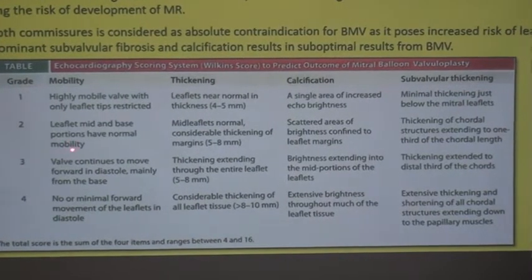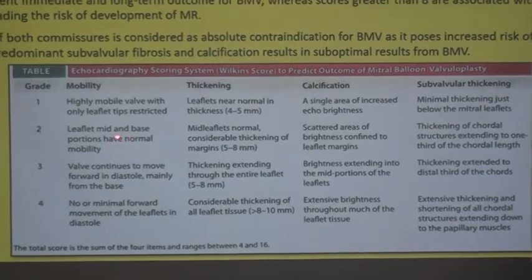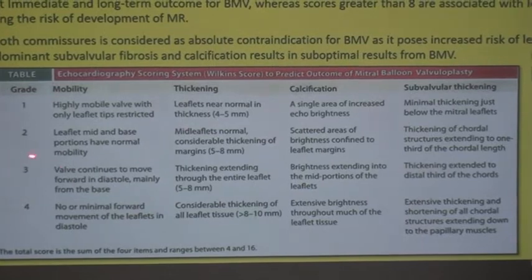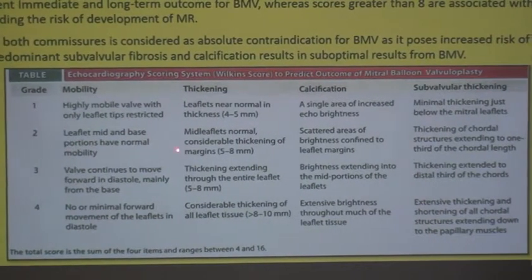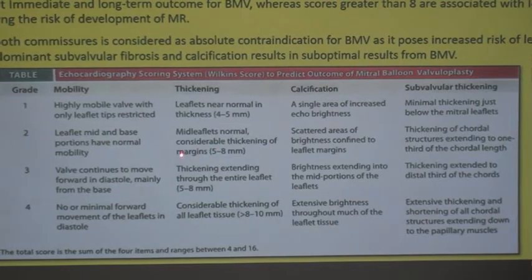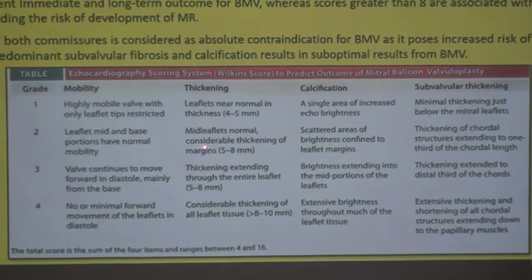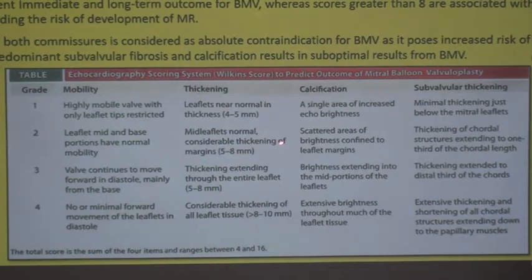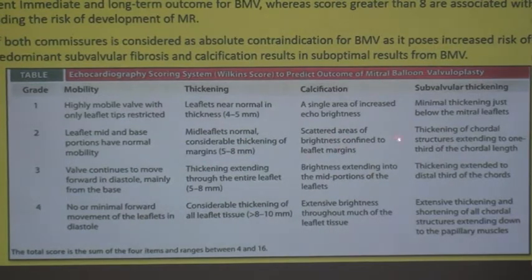In grade 2, leaflet mid and base portions have normal mobility. Considerable thickening of margins is seen, that is 5 to 8 millimeter, and scattered areas of brightness confined to leaflet margins.